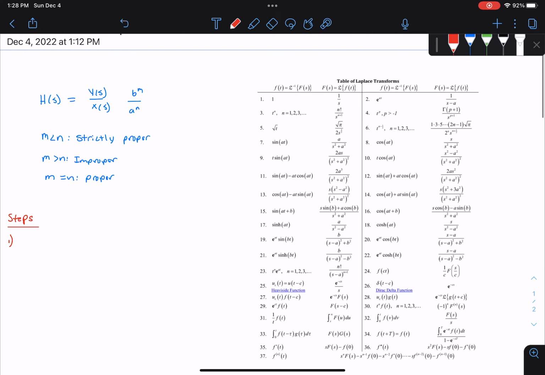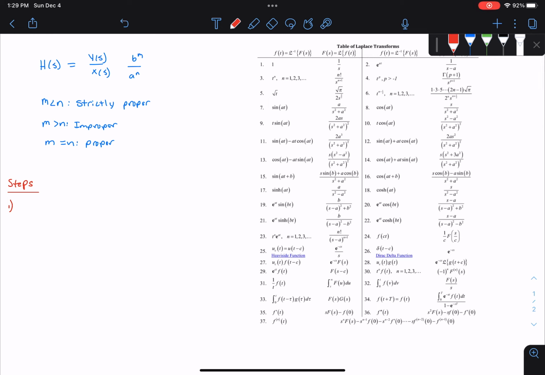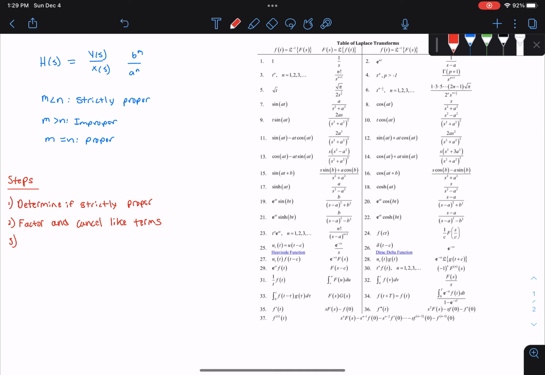So the first step is to determine if the transfer function is a strictly proper rational function. And then once we do that, we can factor and cancel out like terms from the numerator and denominator. And then we move on to step 3, which is to separate and multiply by the denominator on both sides of the equation.